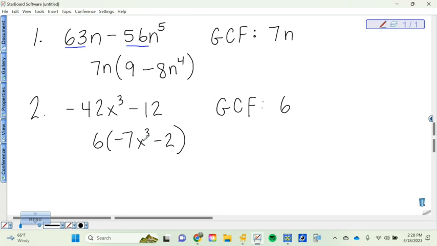What I can also do, to make it a little neater, is instead of taking out a positive 6, I could take out a negative 6, and that would make both terms inside the parentheses positive. Does that make sense?